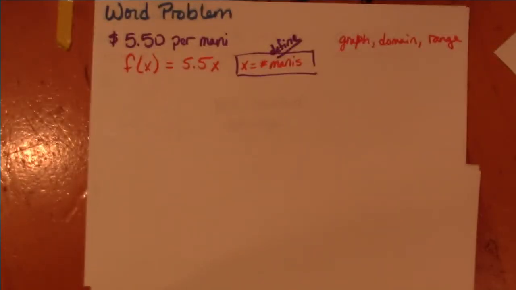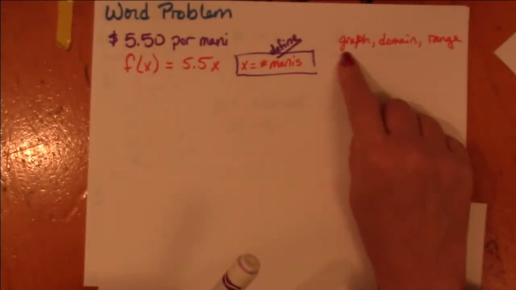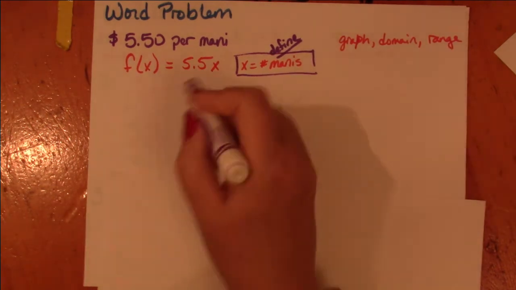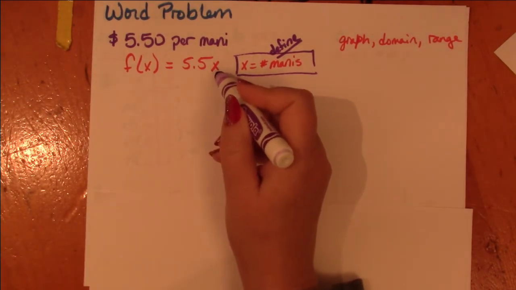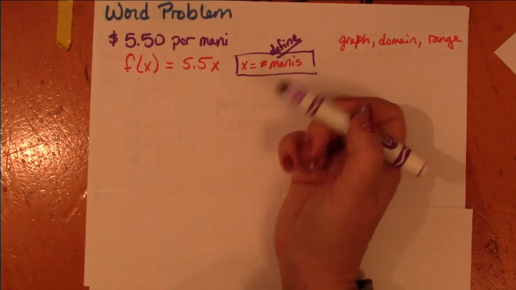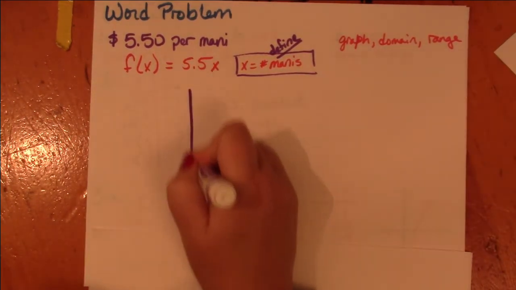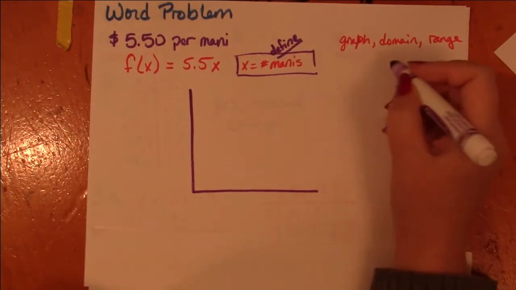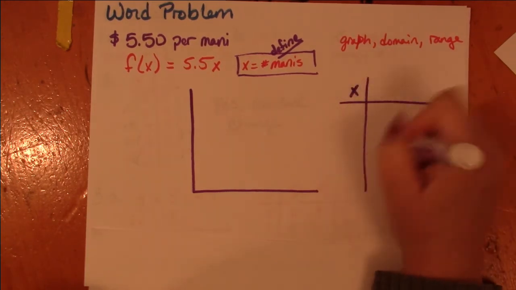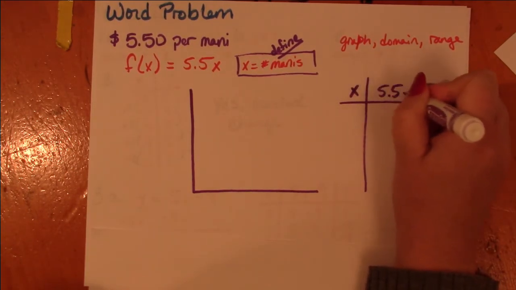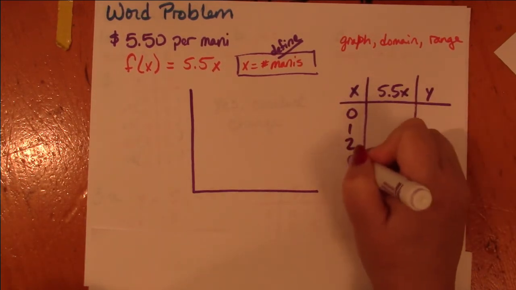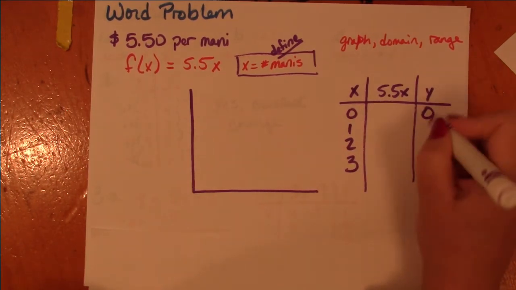We're going to graph this function, give its domain and its range. Now we know that we can't have -2 manicures. This is real life. So we're just going to use the first quadrant of the coordinate plane. And we know that for any x that we stick in, it's 5.5 times x, which is going to give us our y. So if we start with x, y is going to be 0 when x is 0.